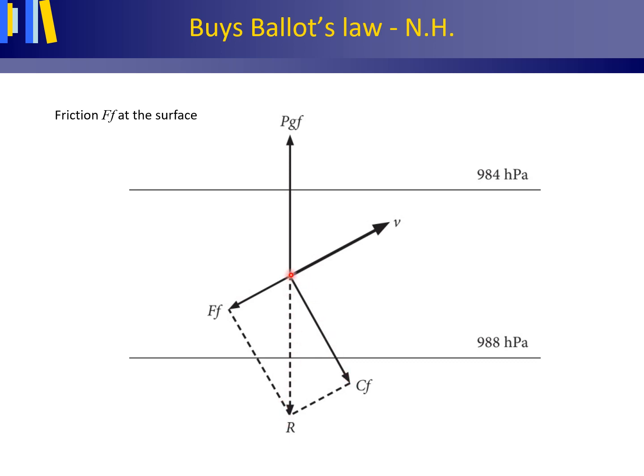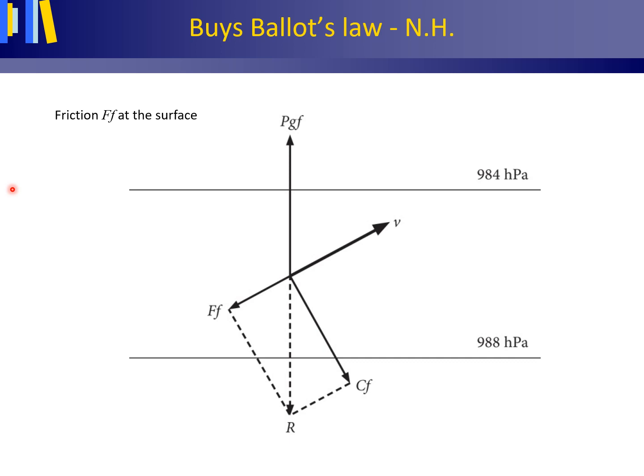And in an equilibrium situation, this resultant force is equal to your pressure gradient force. But now you see that the air movement is not parallel to the isobars, but at an angle to the isobars.